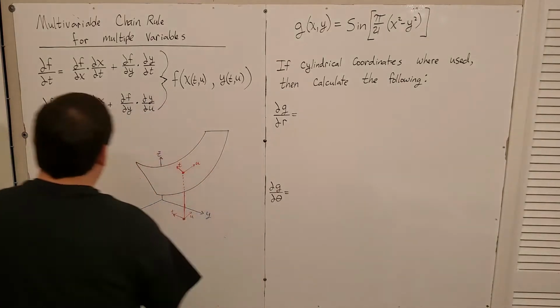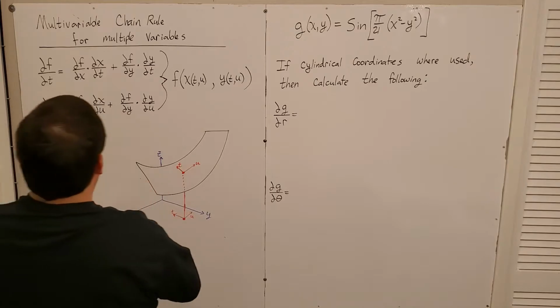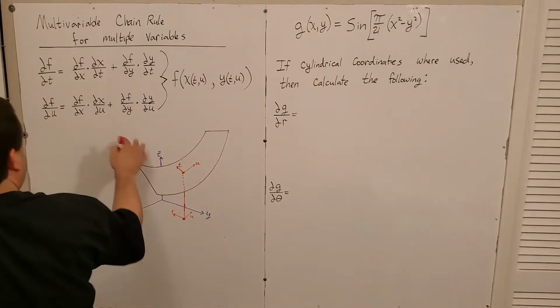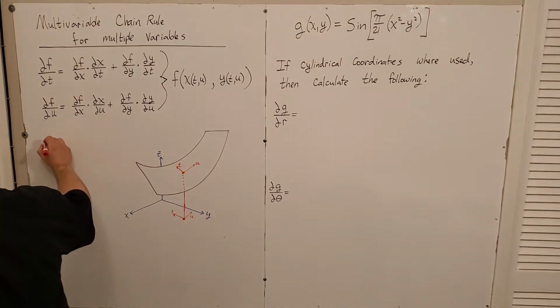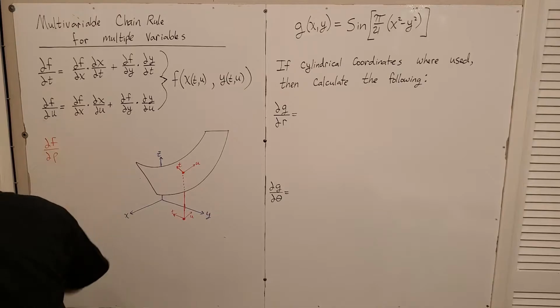For example, if I wanted to do something in, say, spherical, I could do the partial of f with respect to rho, let's say.